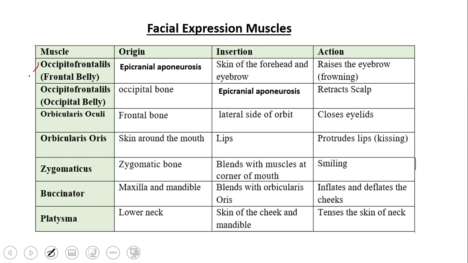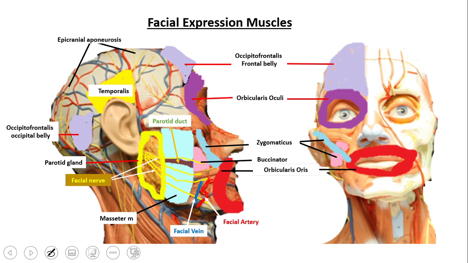There is a muscle that has two portions. It's occipitofrontalis. So it has a frontal belly and occipital belly. The frontal belly of occipitofrontalis, we call that also just frontalis muscle. The origin of the frontalis is from the epicranial aponeurosis.